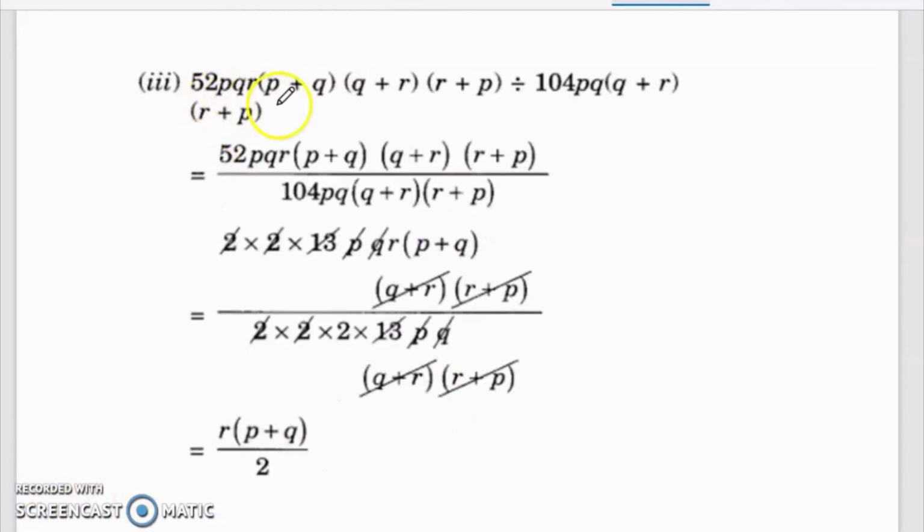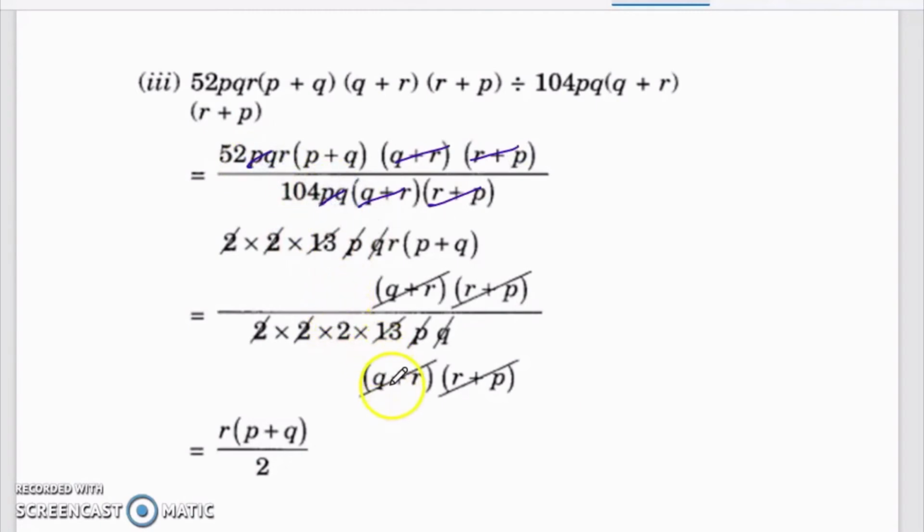So third one, 52pqr into (p + q) into (q + r) into (r + p) divided by 104pq into (q + r). So here also (q + r) is there in both numerator and denominator. This you can cancel out. Then you have (r + p) also here in numerator as well as denominator. That also you can cancel. Then you have pq and pq.